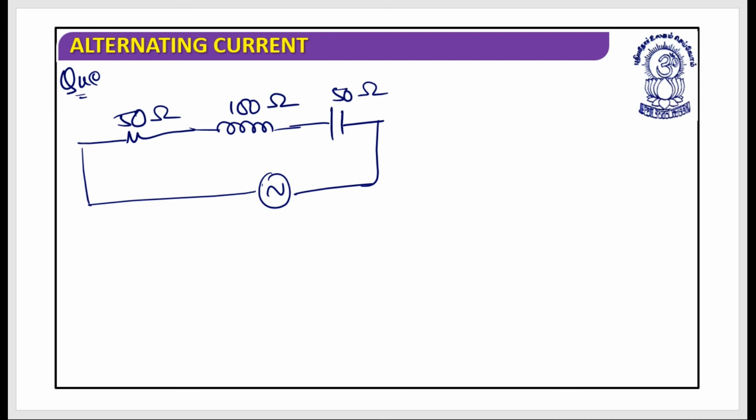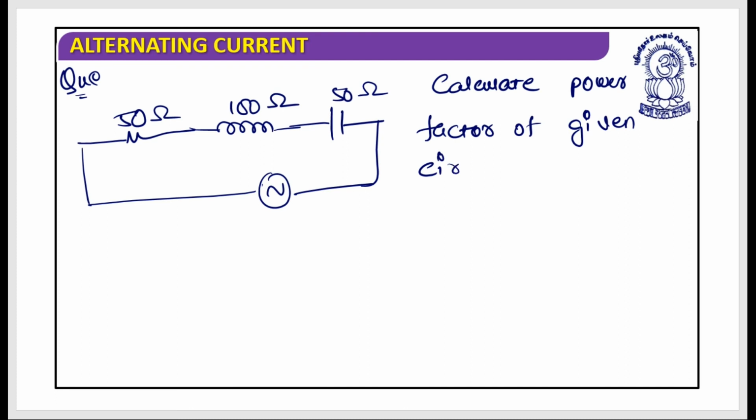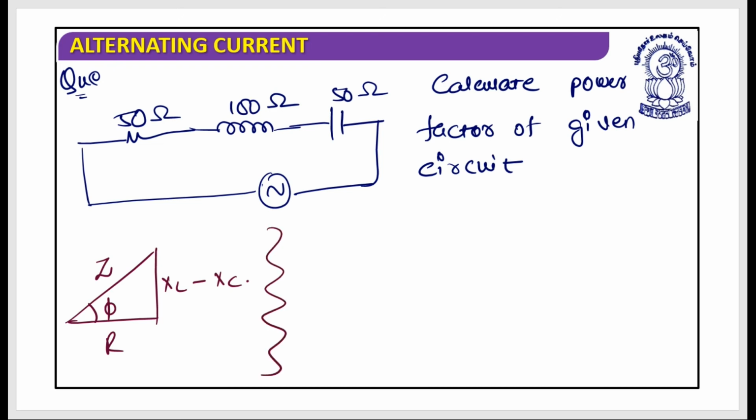What they want is to calculate the power factor of the given circuit. Now what is power factor? We have learned this: this is phi, this is XL minus XC, this is R, this is Z. So cos phi, the power factor, is equal to R by Z.